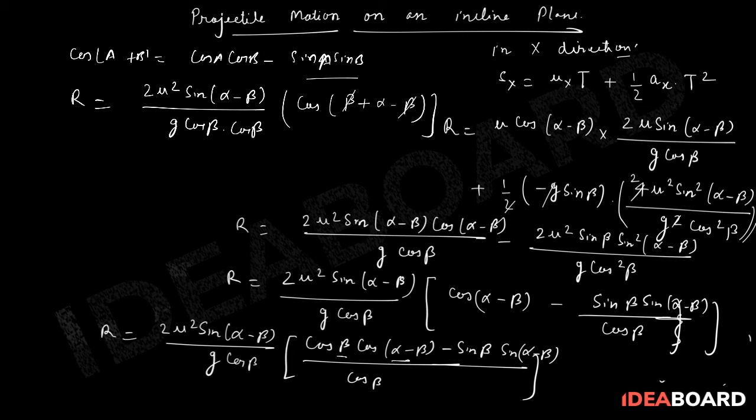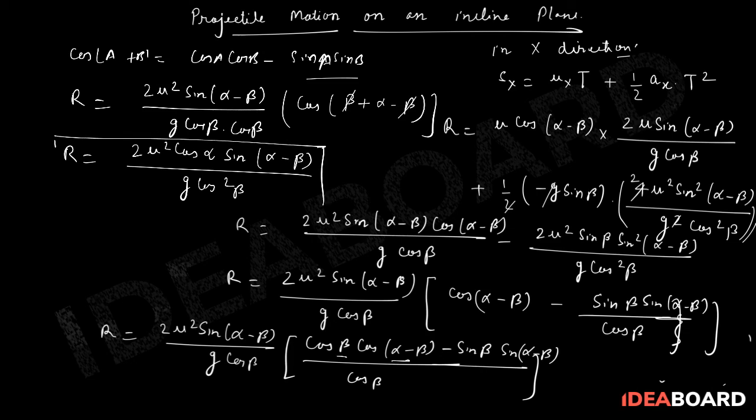So this beta is cancelled out, so I achieved r is equal to 2u square cos alpha into sin(alpha minus beta) upon g cos square beta. This is going to be the value of range.